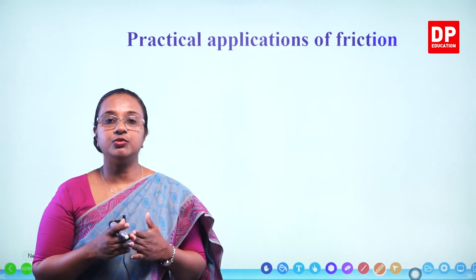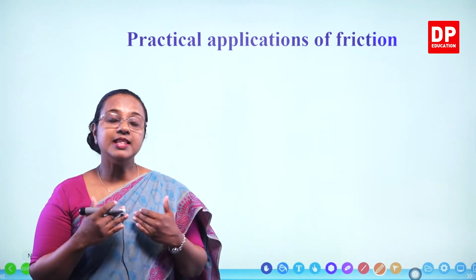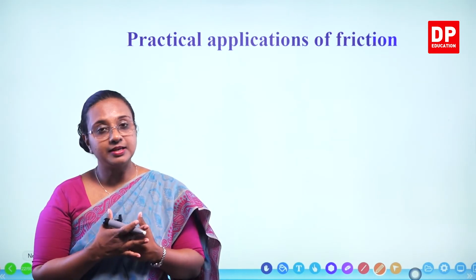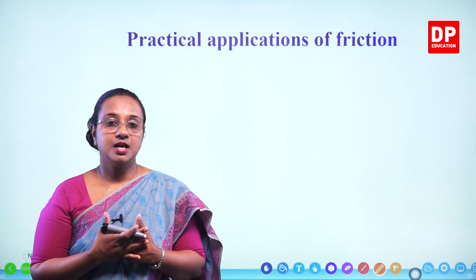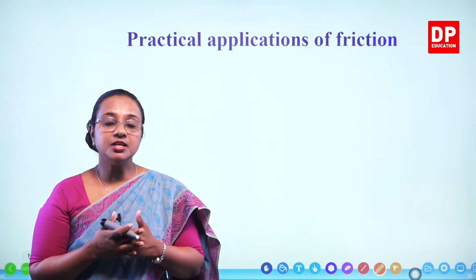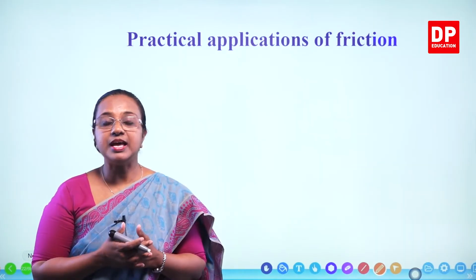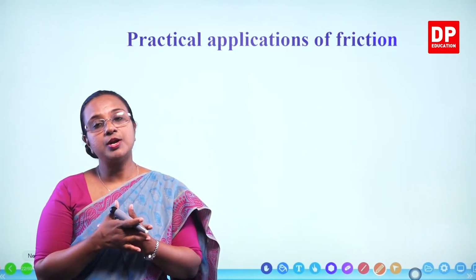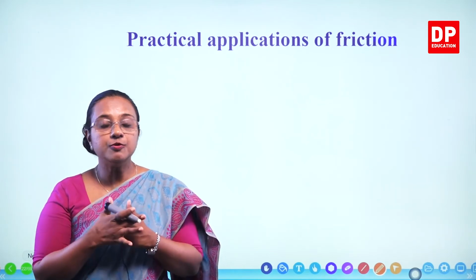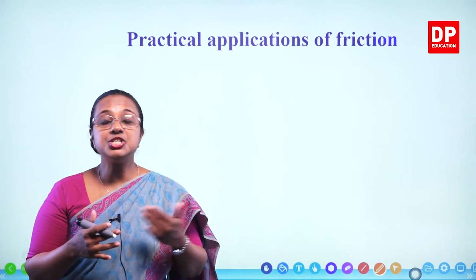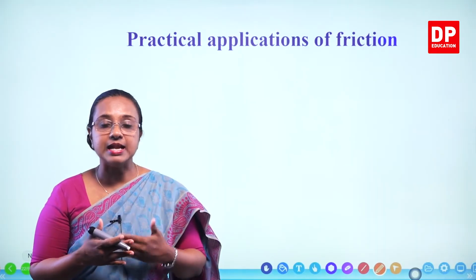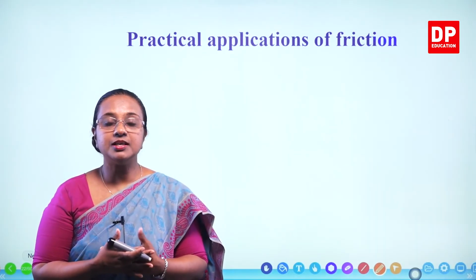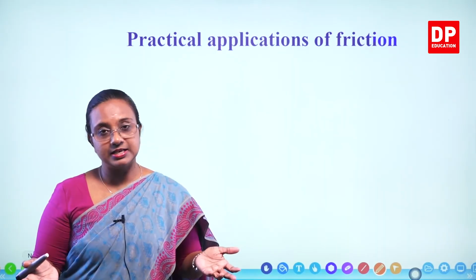Then there will be friction between the contact surfaces. Now this friction causes loss of energy because when the surfaces move one on top of the other due to friction, additional work has to be done against friction. And this additional work is a loss of energy.